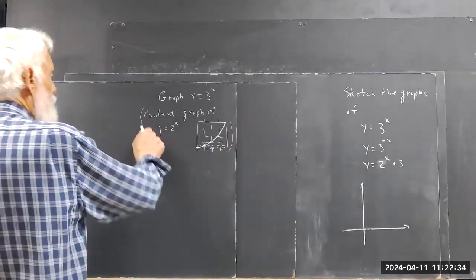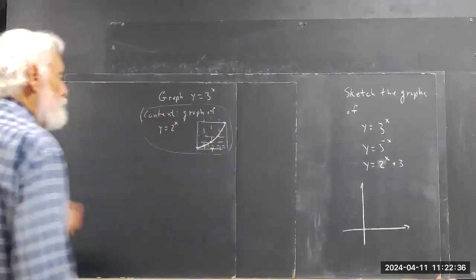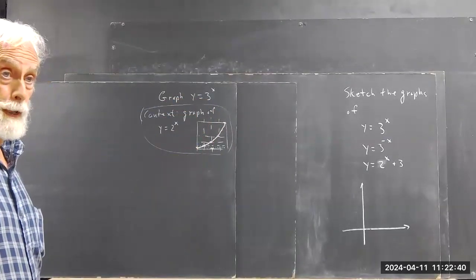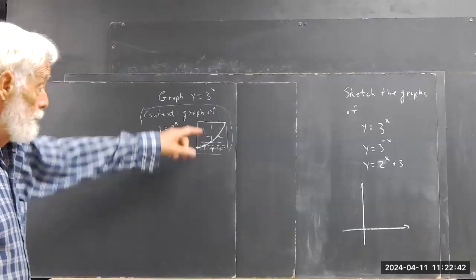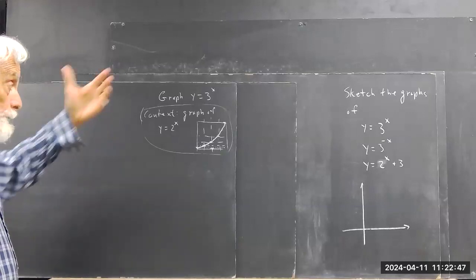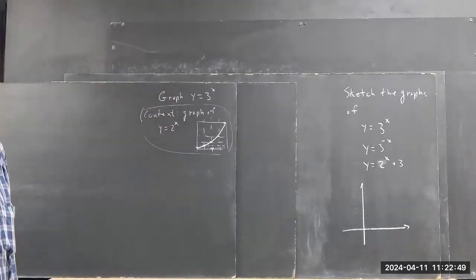That's just to give you a context. The graph of 3 to the x is going to look a lot like the graph of 2 to the x, which you know how to construct. And you construct it without even using numbers.